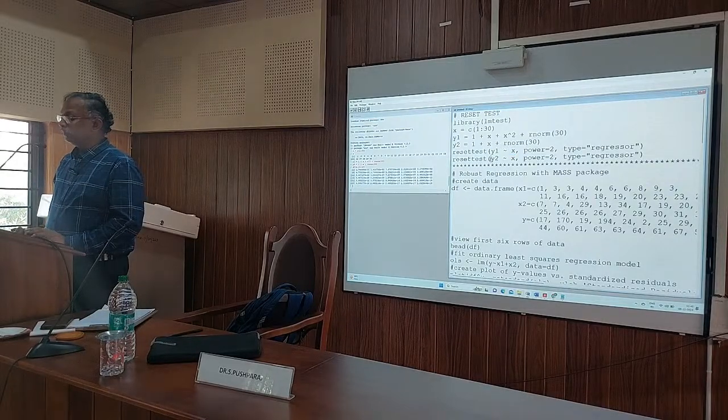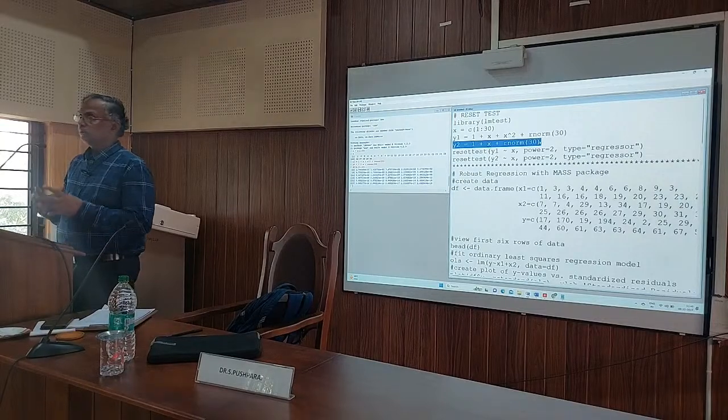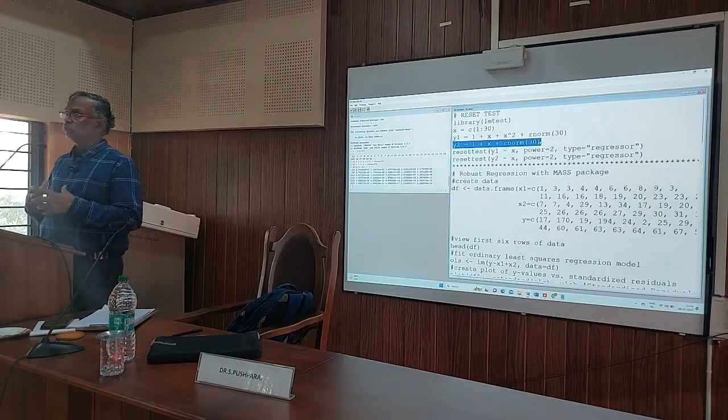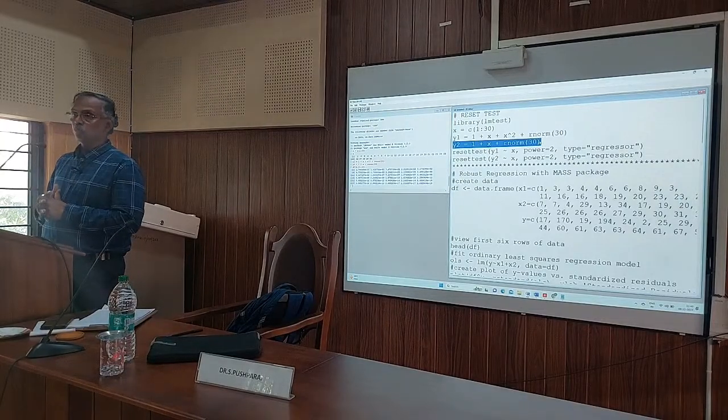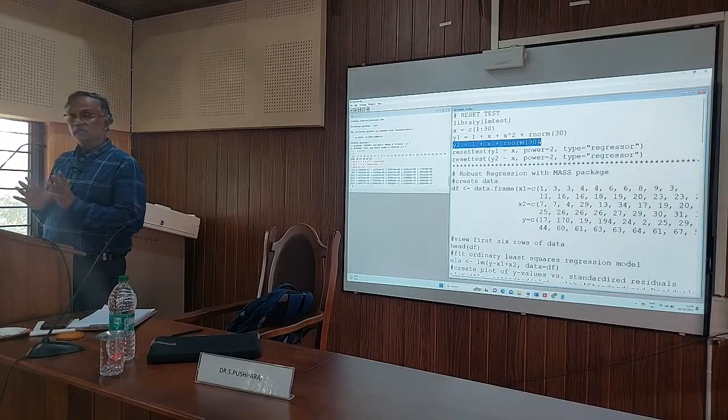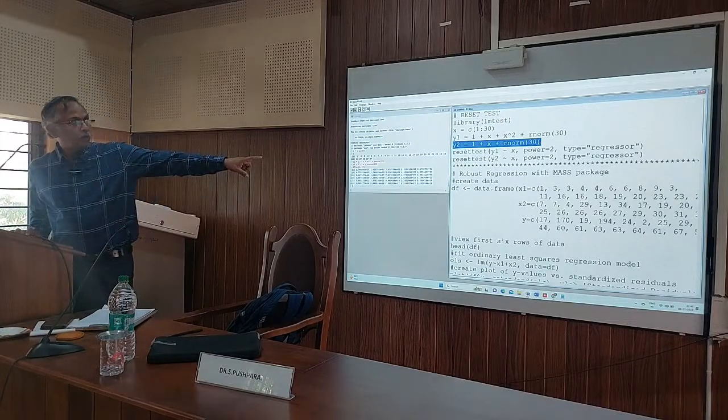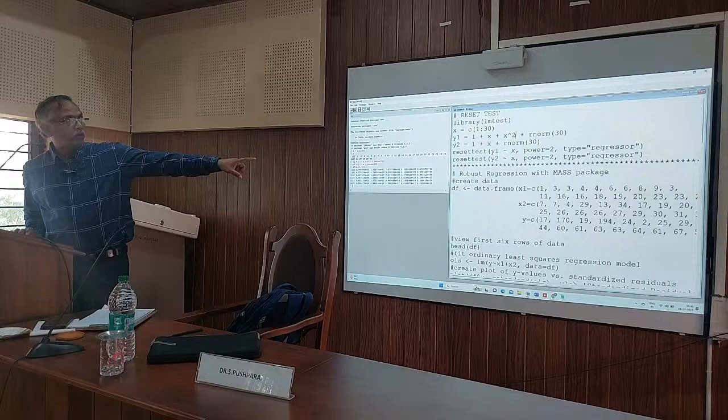Second one, y2 is specified as a linear function. This is true. Mind you, this is the original model I used to generate y2. So this is a linear model, and this is a quadratic model.